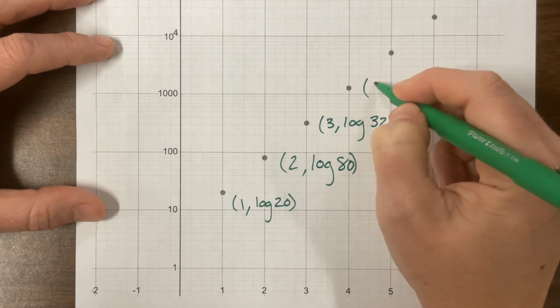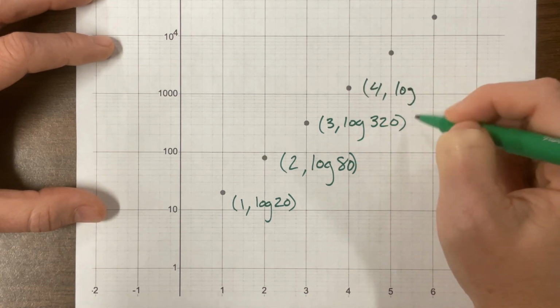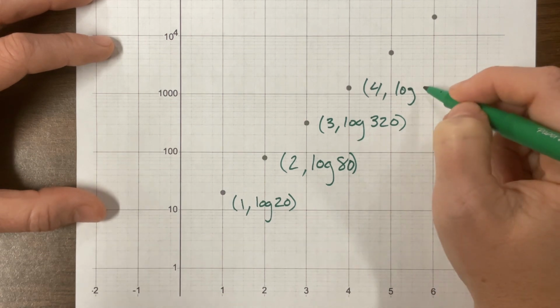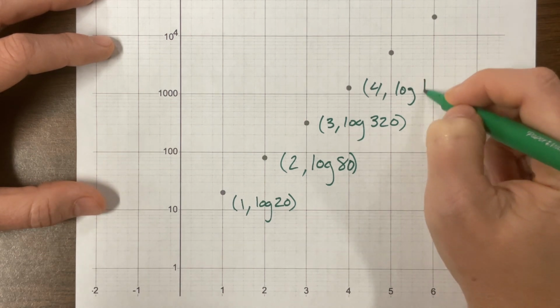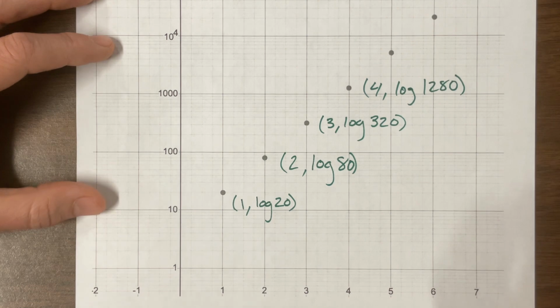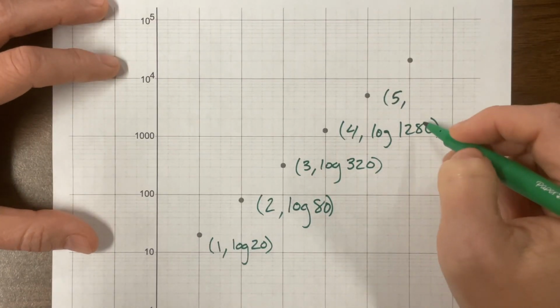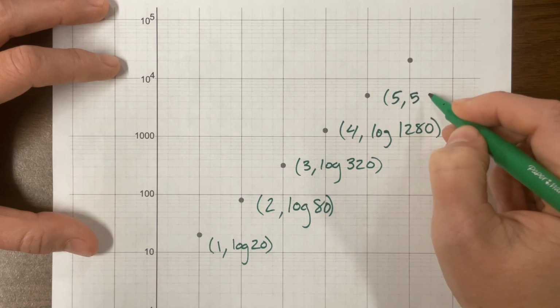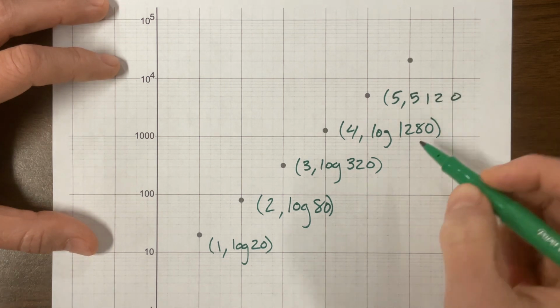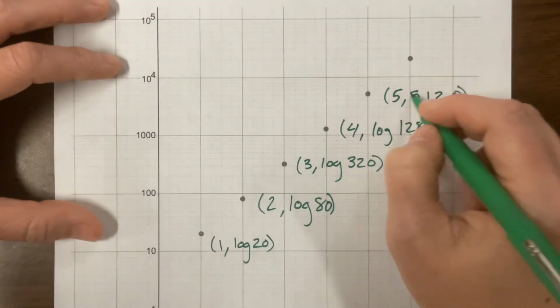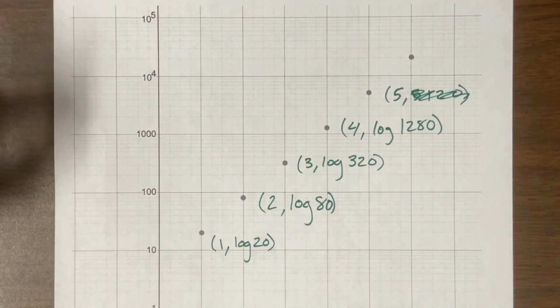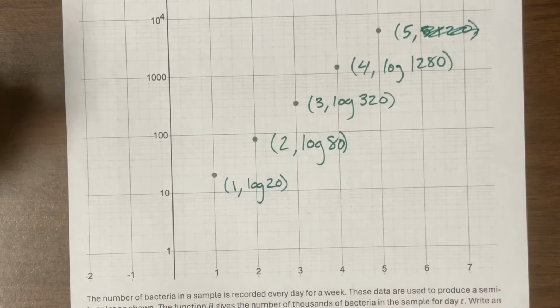Okay. I think this becomes 4 comma log of, well, let's see, hang on just a second. 1280, I think is what that value is. And 5 comma log of 5, 1, 2, 0. Okay, so I'm gonna stop wasting your time.